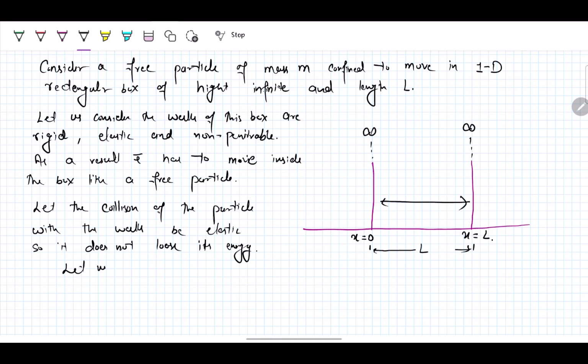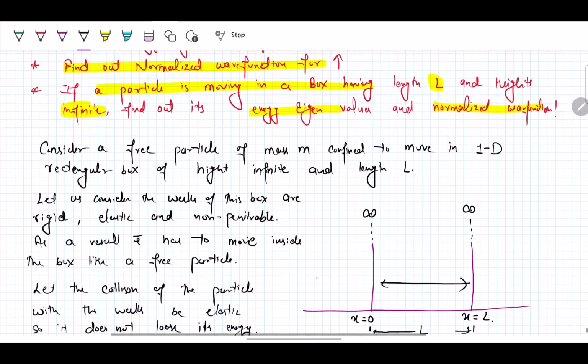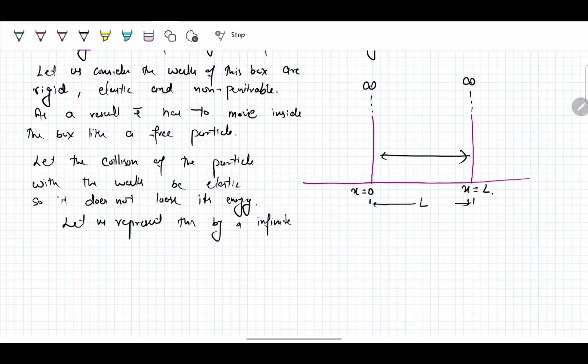So let us represent this by an infinite square well potential, and according to this potential, the potential V is defined as follows.